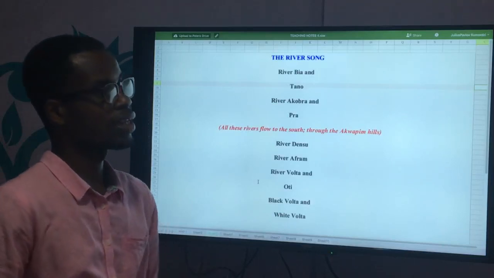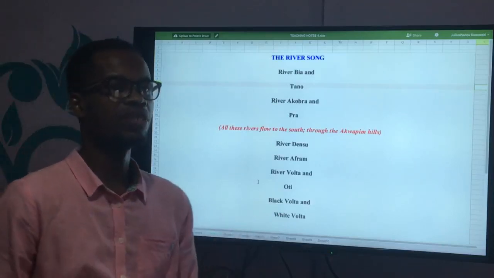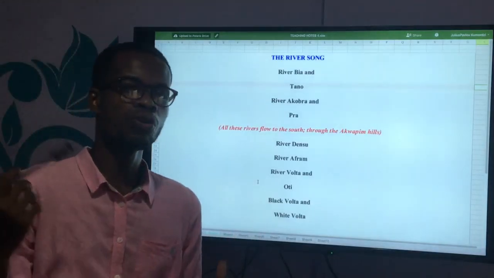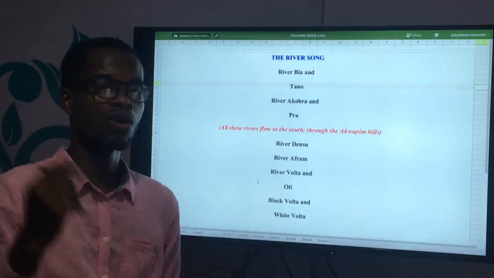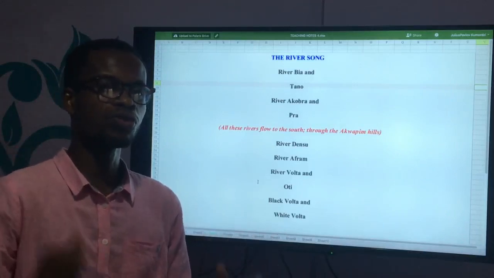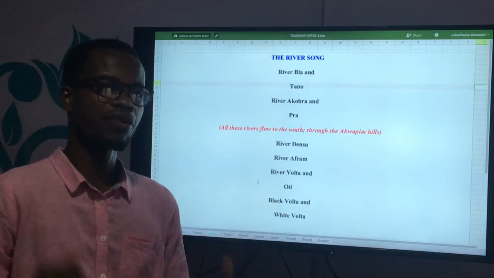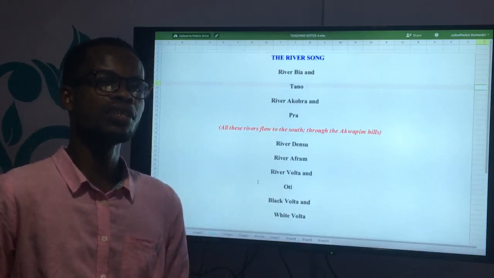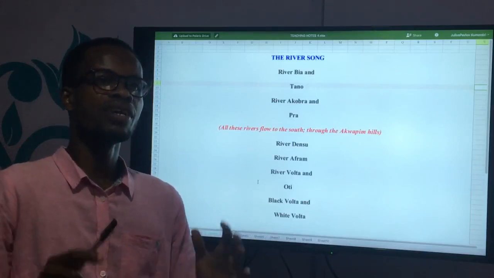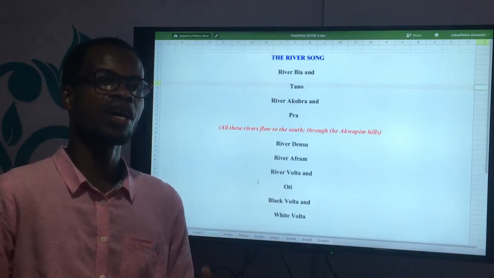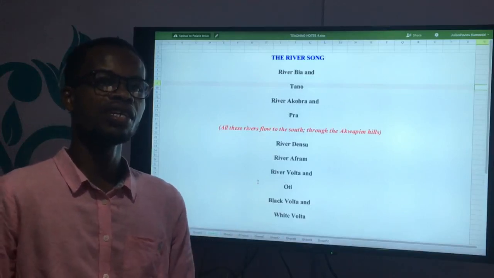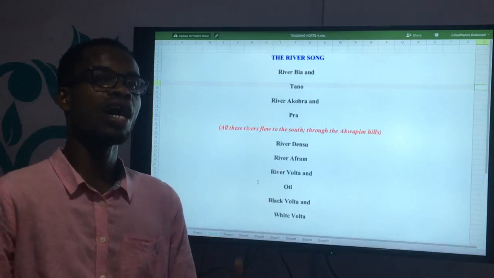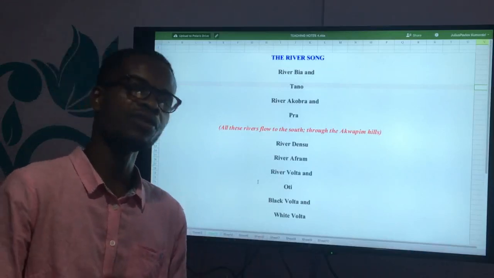Okay, so the song goes like this. River Bia and Tano, River Ankobra and Pra. All these rivers flow to the south through the Equapim Hills. River Densu, River Afram, River Volta, Oti, Black Volta and White Volta.